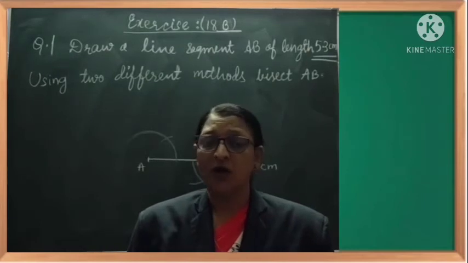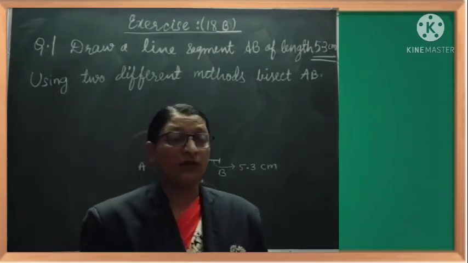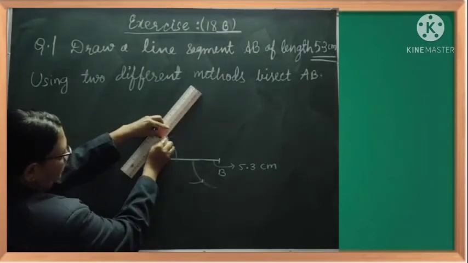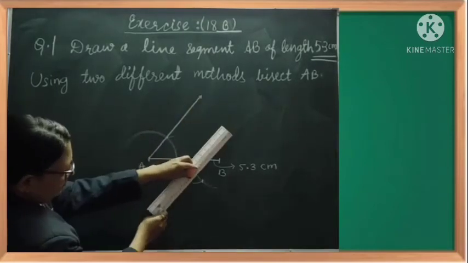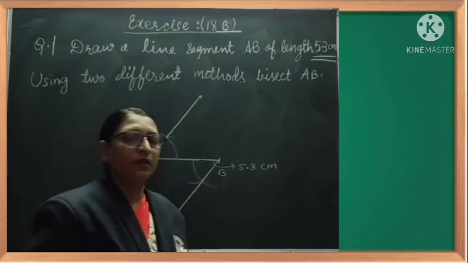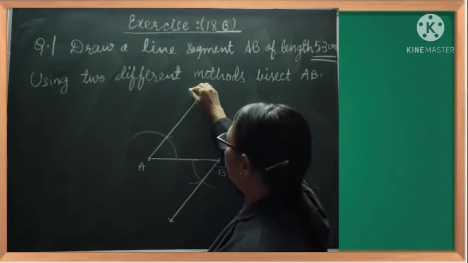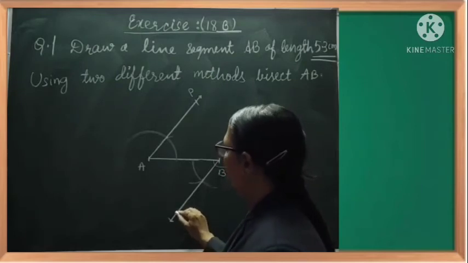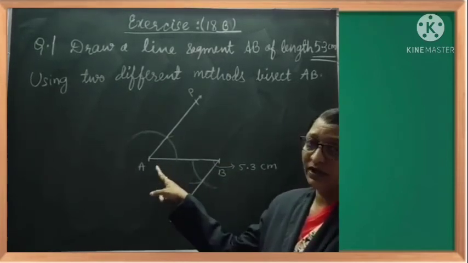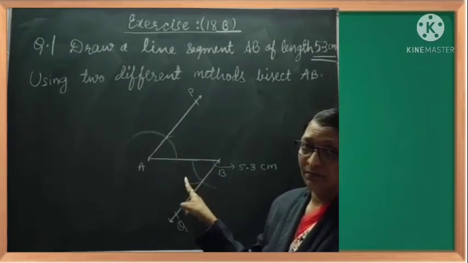With the help of a ruler, we will draw a ray passing through this point of intersection, which will join the point A and B. Here we will label this as P and here we name it as Q. We constructed an angle at the vertex B and at the vertex A in such a way that this angle and this angle are the same.